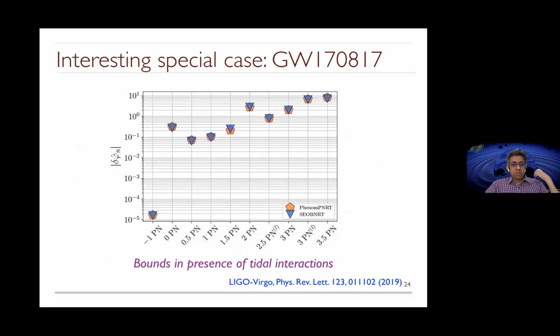It gives us very good constraints on the lower post-Newtonian coefficients, whereas for the higher post-Newtonian ones, the evolution is mostly outside or in the least sensitive part of our noise floor, and hence it gives us weaker constraints on the higher PN. But it is still interesting because this test is unique, because it tests GR in presence of tidal interaction, which couldn't be done with other kinds of systems.